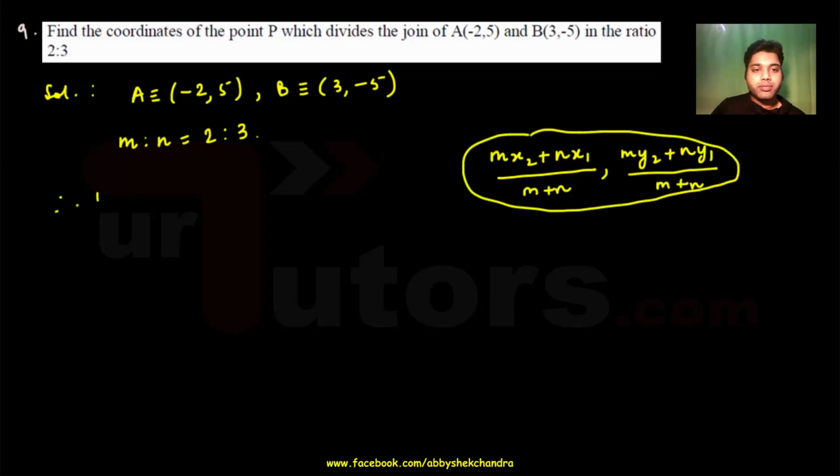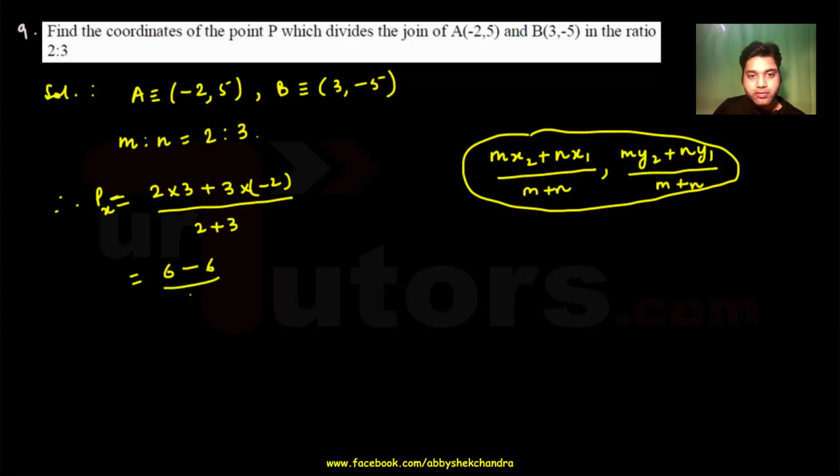The x coordinate of P will be (mx2 plus nx1) by (m plus n), which will be (6 minus 6) by 5, that will be equal to 0.